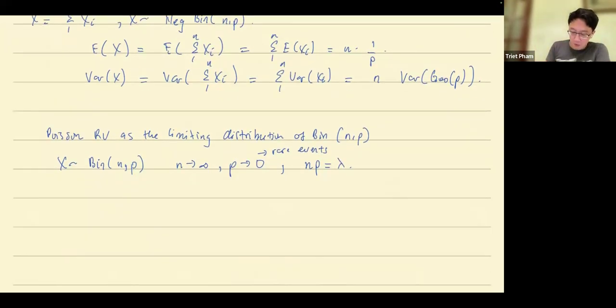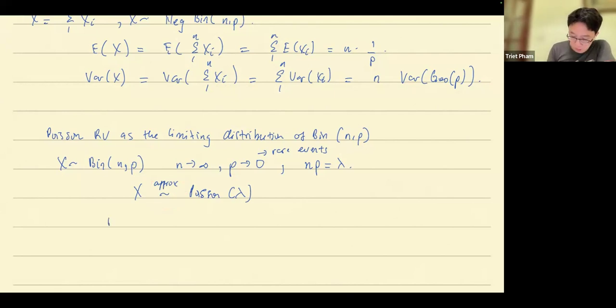But if this is true, then you can say that X is approximately a Poisson random variable. The word approximating here is vague, because approximately means different things when you do probability theory.